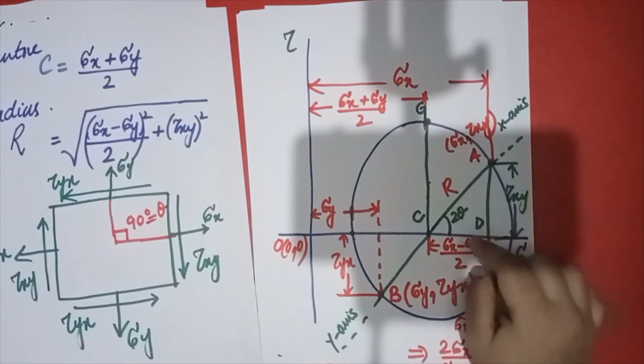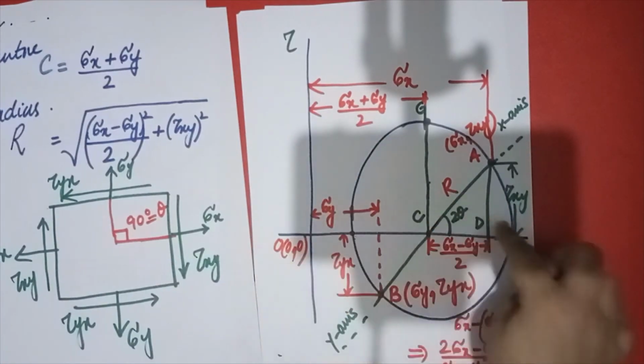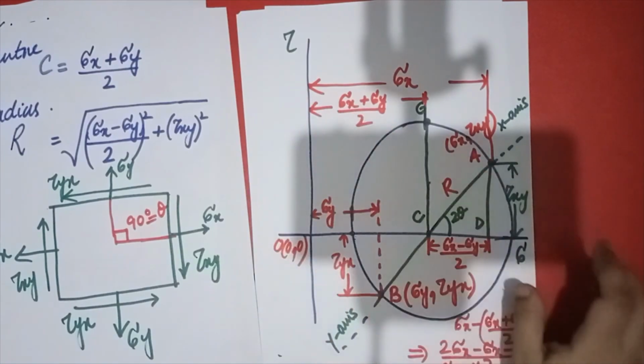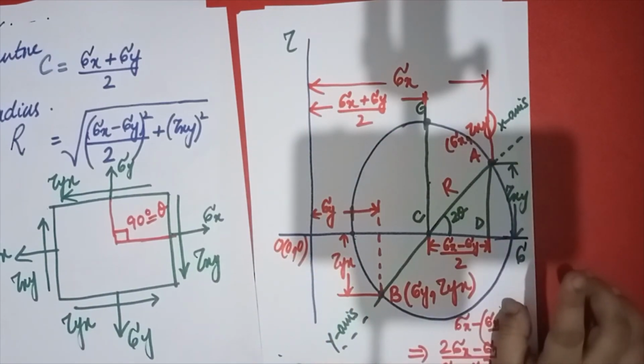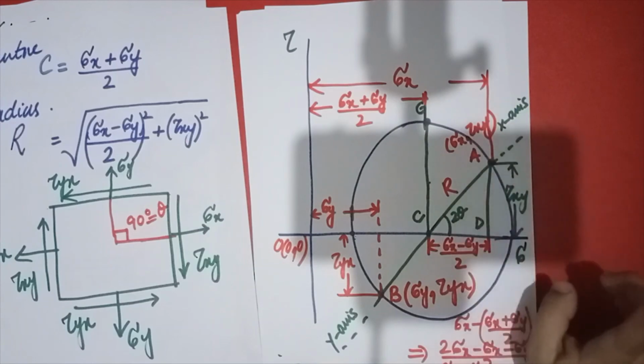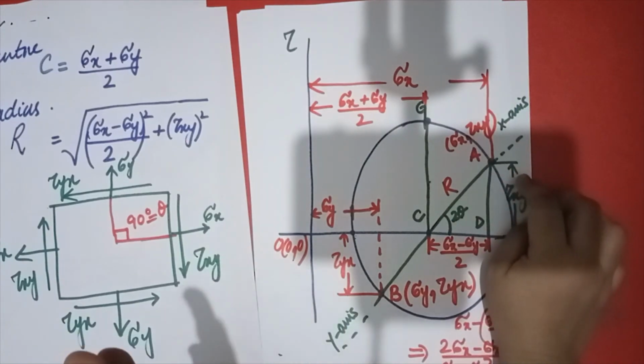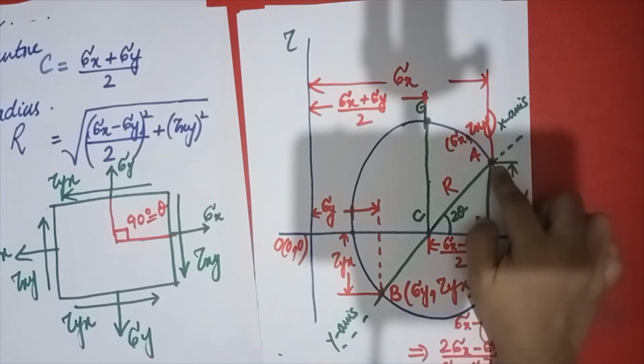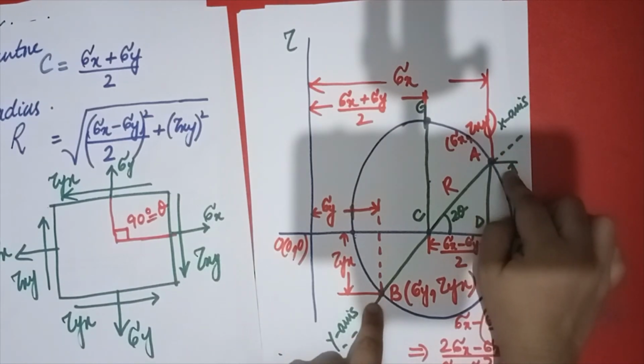So what you have to do, you have to draw these axes. On the x-axis you have normal stresses, on the y-axis you have shear stresses. You have to plot 2 points. For example, sigma x comma tau xy is given to you, so you plot that point here, and at point B you take sigma y comma tau yx.